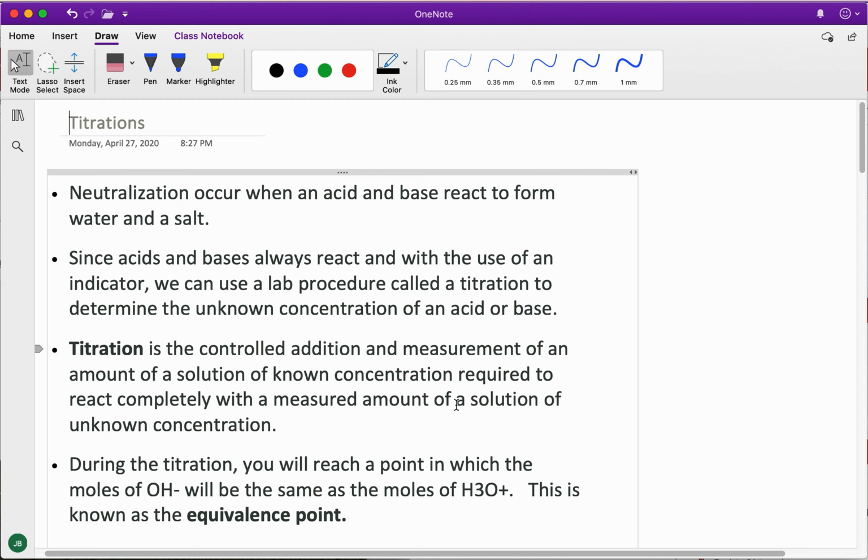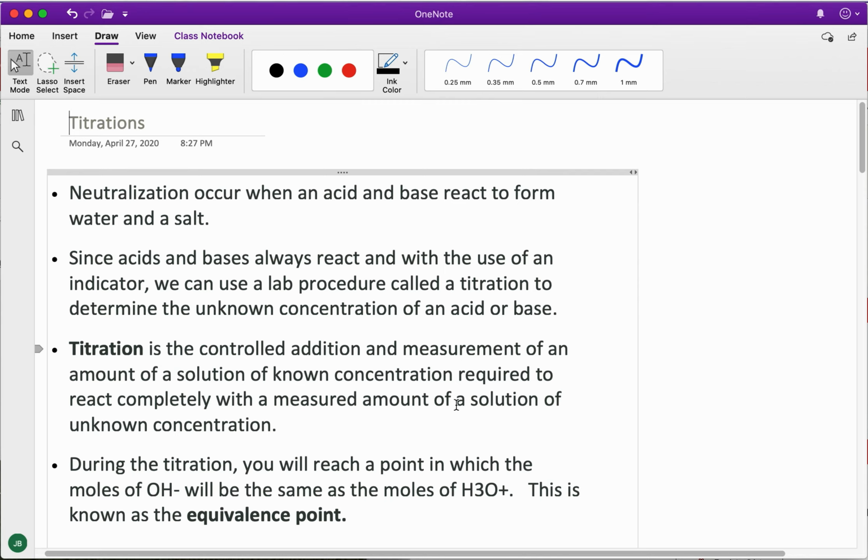So acids and bases are always going to react. And if you have a strong acid and a strong base, neutralization is going to occur. So that acid and base is going to form water, and it's going to form a salt. Now that salt will remain as just ions floating around in that solution.